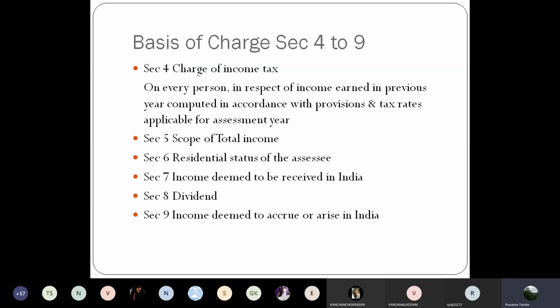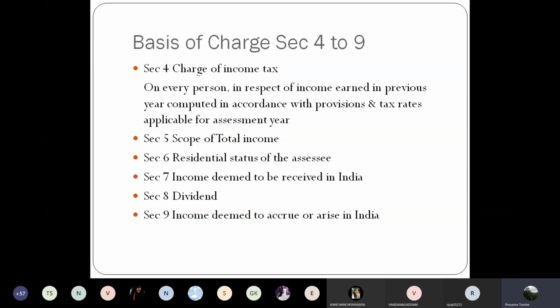Apply the tax rates which are specified for the concerned assessment year. So these are the basic provisions of section 4 that deal with the levy of tax in respect of income of every person. Every person is subject to section 4, and based on that, income tax authorities can levy tax in respect of income of such a person.